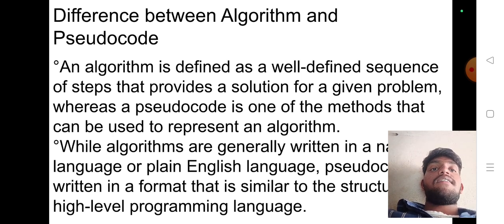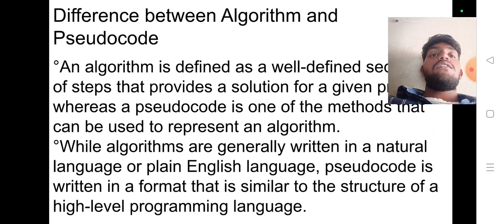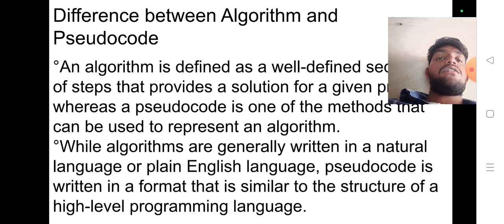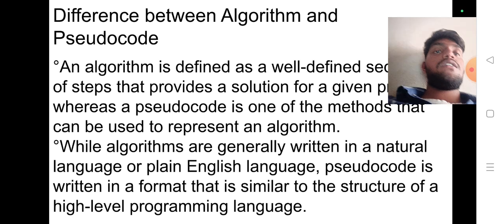While algorithms are generally written in a natural language or plain English language, pseudocode is written in a format that is similar to the structure of a high-level programming language.